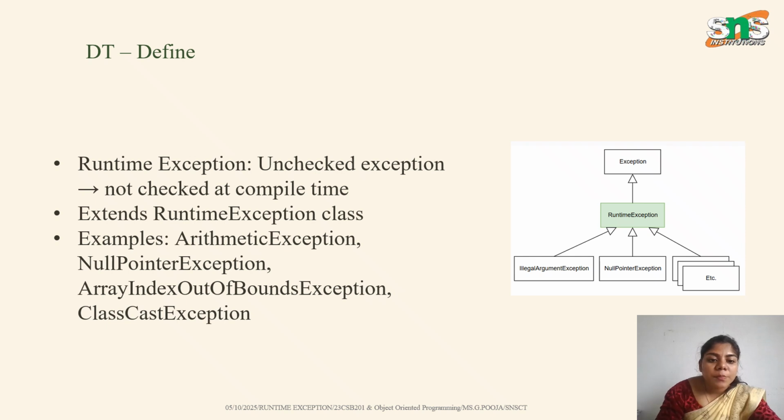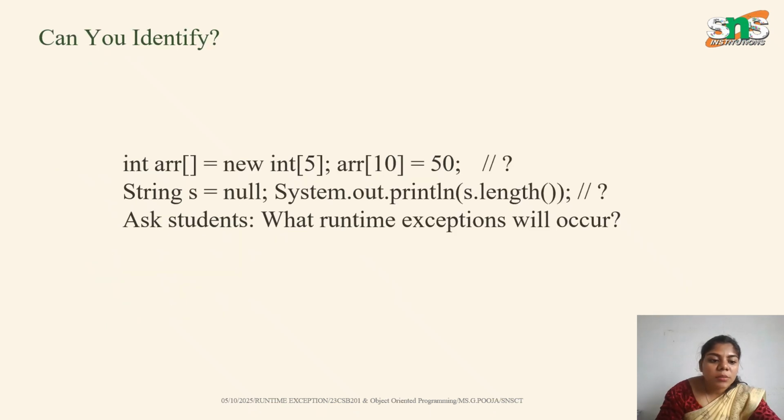So some of the common runtime exceptions. NullPointerException is the most frequent one, occurring when trying to use a null object reference. IndexOutOfBoundsException is thrown when accessing an invalid index in an array or list.